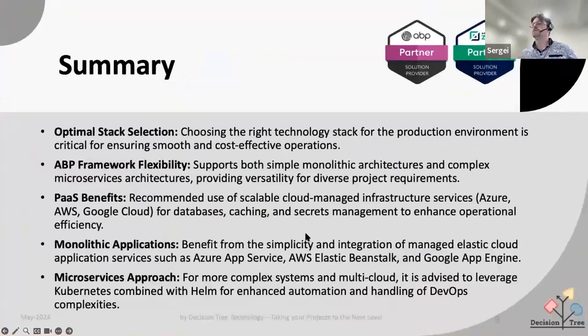We highly recommend to start with a monolithic application if there is no clear need for microservices. And we talked about in which cases microservices would be the right choice for you.